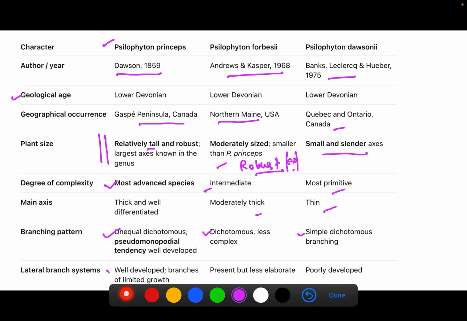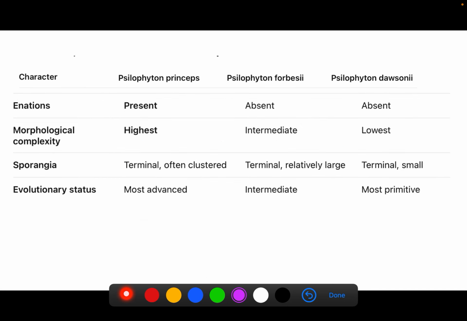Lateral branching system: well developed because it is unequal dichotomous, with branches of limited growth present but less elaborate here, and poorly developed here. The small leaf-like structures, the enations, are present in Psilophyton princeps but absent in forbesii and dawsoni. Morphological complexity is highest here, intermediate, and lowest.